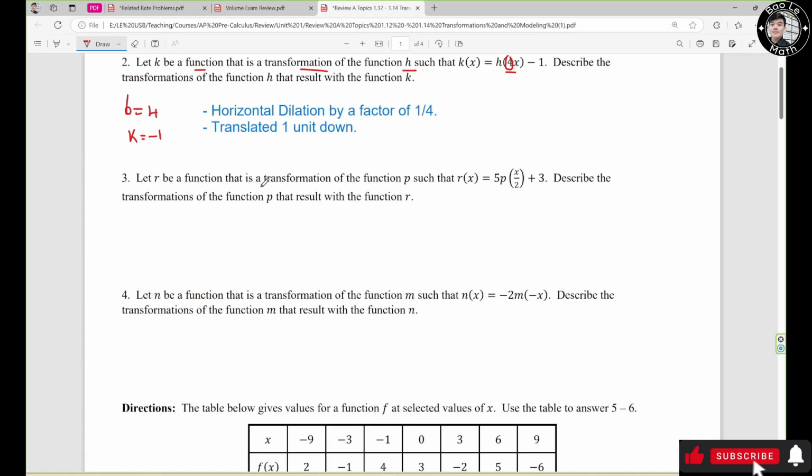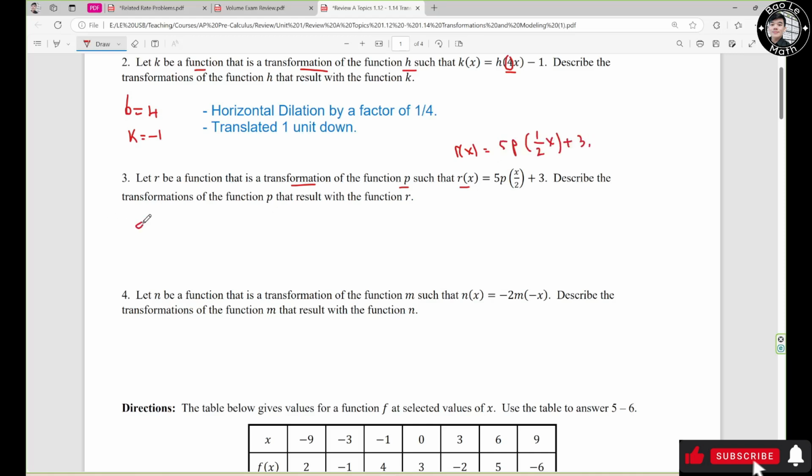Let r be a function that is a transformation of the function p such that r of s equals 5p of s over 2 plus 3. Alright, now we need to rewrite this function. It will be r of s equals 5p of 1/2 times s plus 3, right?